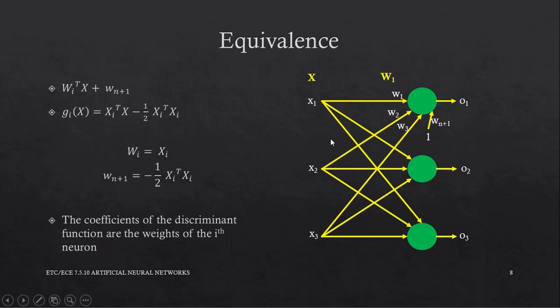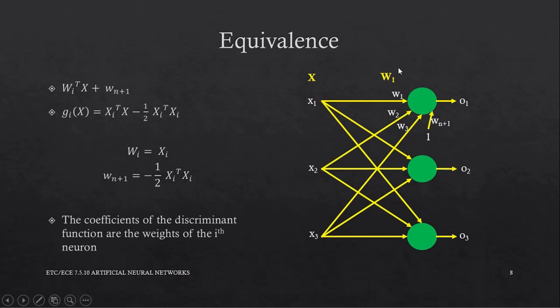Consider this neural network. Each output neuron represents a cluster. We check for the neuron that gives maximum response to allocate membership to an input pattern X. The output response for this neuron is given as W1 transpose X plus Wn plus 1.